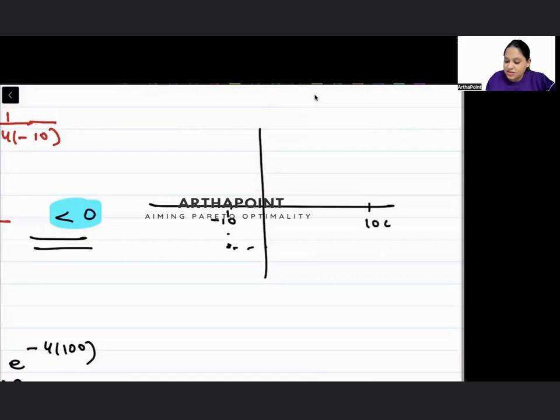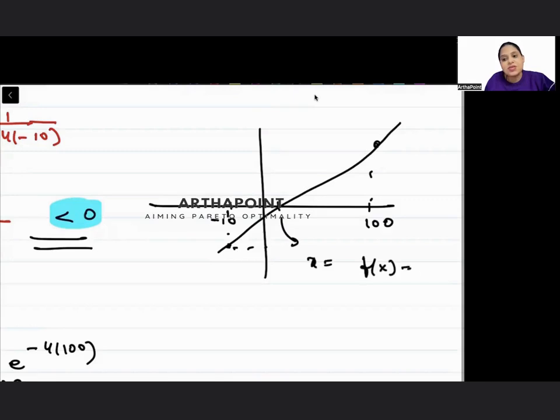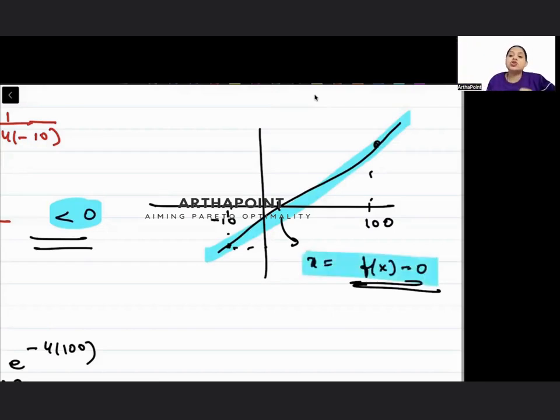And when I take x as 100, y is coming something positive. So if I just join these points, there will exist some x now such that f of x is 0. So there will exist one real root of x because it's a strictly increasing function. Maximum एक ही root हो सकता था, वो कभी decline तो करेगा नहीं. It will never decline. It will have maximum one root, and exactly one root is ensured by intermediate value theorem.